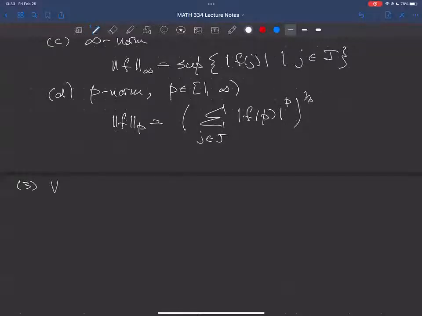And the final vector space I'm going to look at is one of the ones I've been kind of talking about lately. The continuous F-valued functions on the interval 0, 1.